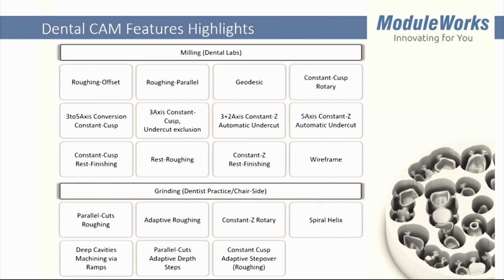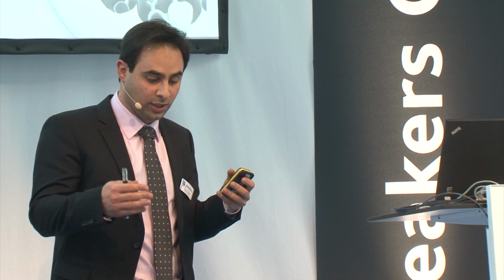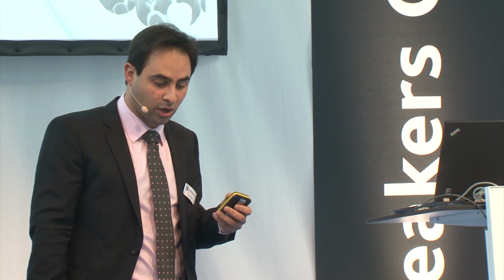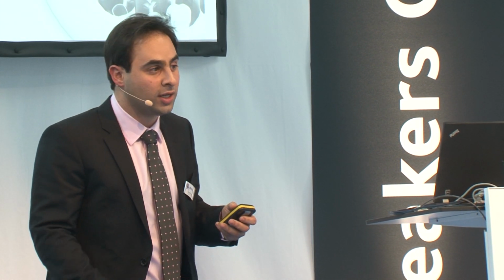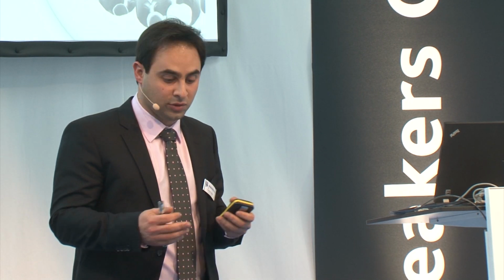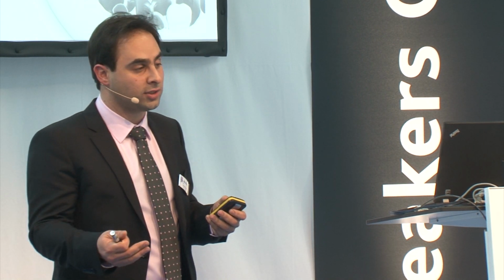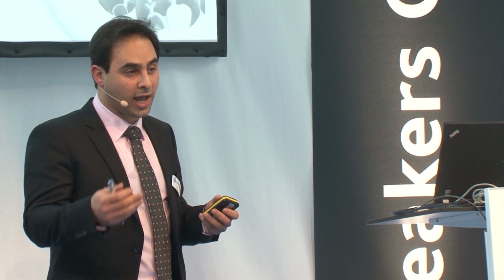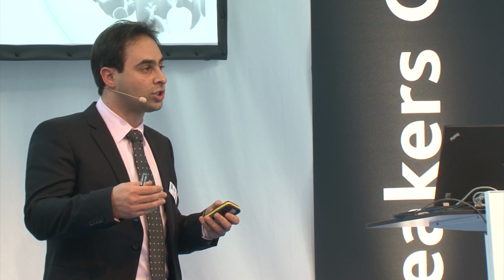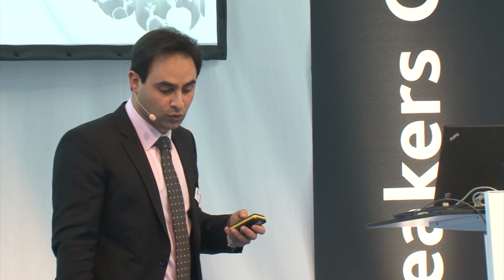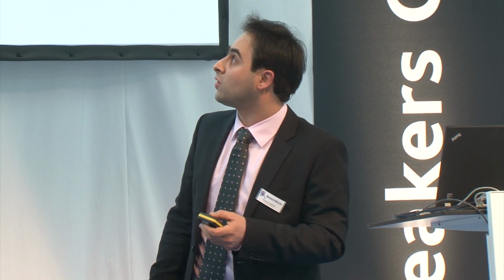So what we did to solve this situation was this constant cuts adaptive step over. This was a really innovative feature for chairside indications, and we could basically reduce the machining time by 50% using this feature. Let's see how this works.